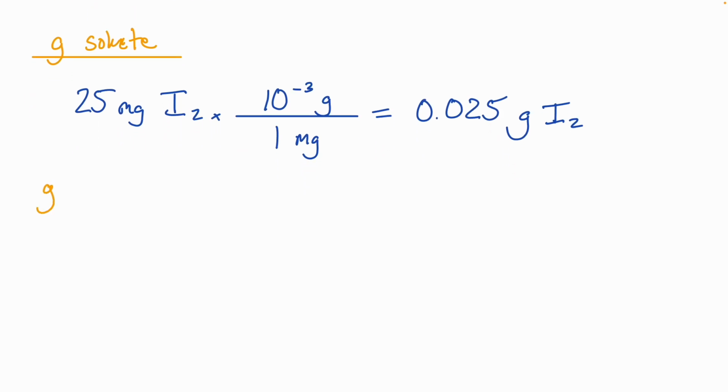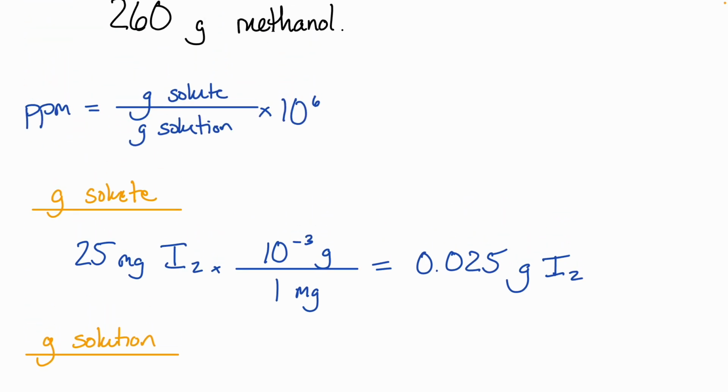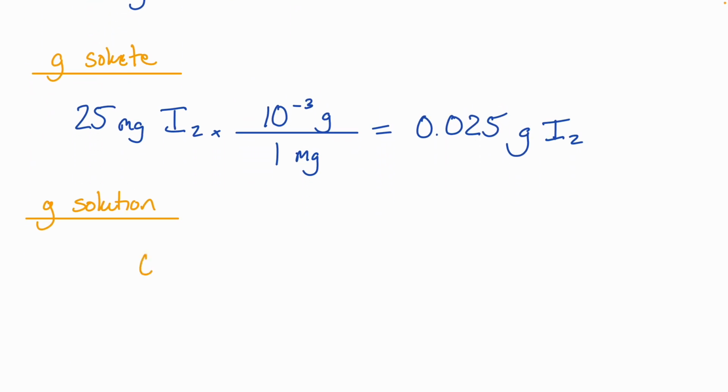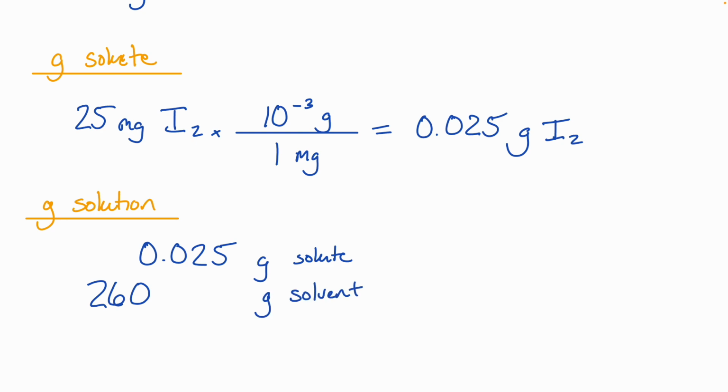Okay. Now we need grams of solution. We're starting out with our 0.025 grams of our solute, and we're going to add that 260 grams of solvent to give us our grams solution. Where's the last sig fig in that 0.025? That 5.